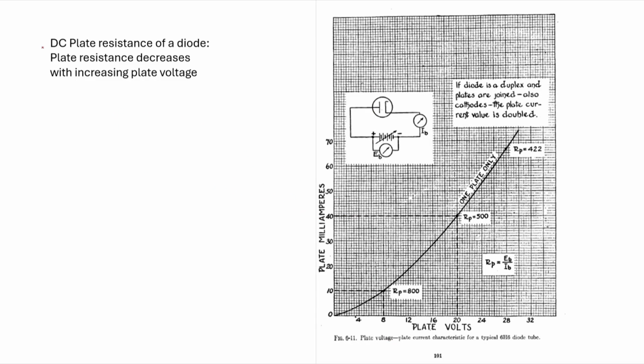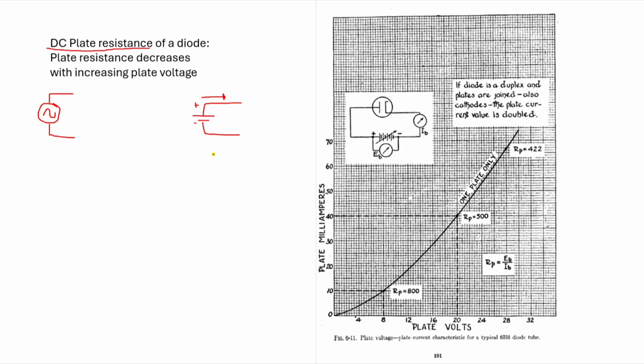We're going to start with the DC plate resistance of the diode. Direct current would be like, again, having a battery, plus and minus. When we talk about AC, the symbol we sometimes use for an AC source looks like that. In DC, the current flows constant like that.